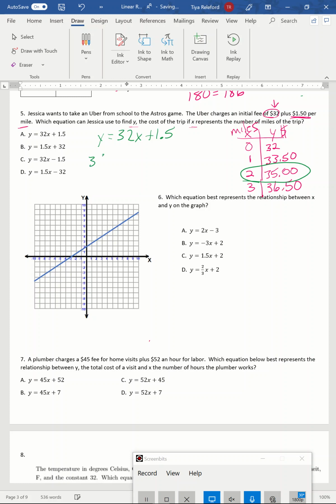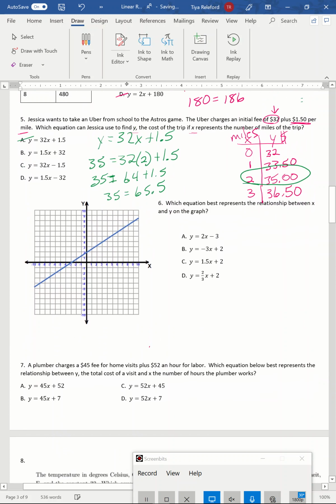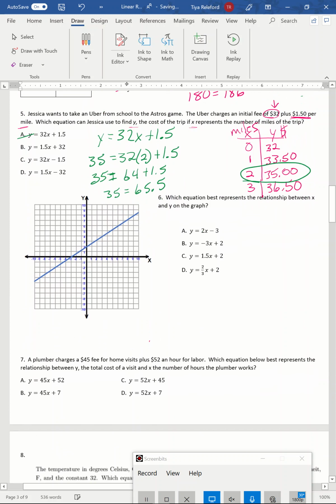Y we said is going to be $35 every time x is 2. And I've already proven that A isn't the right answer. So you double check B, C, and D. The one that gives you the right y when you put the x in, that's your answer.